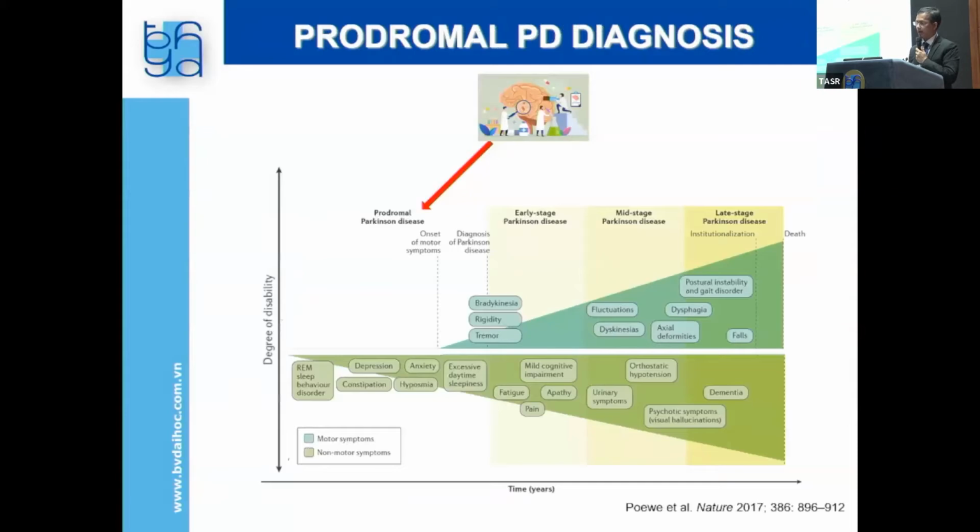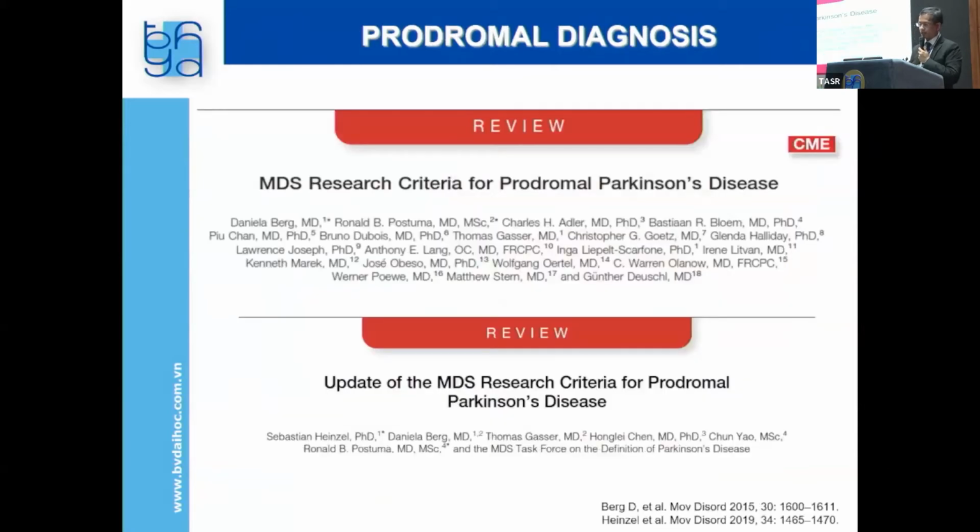So, how about the prodromal Parkinson's disease diagnosis? When we catch the patient here, how do we make the diagnosis? You can see this is just research criteria for prodromal Parkinson's disease, also updated by MDS in 2019.